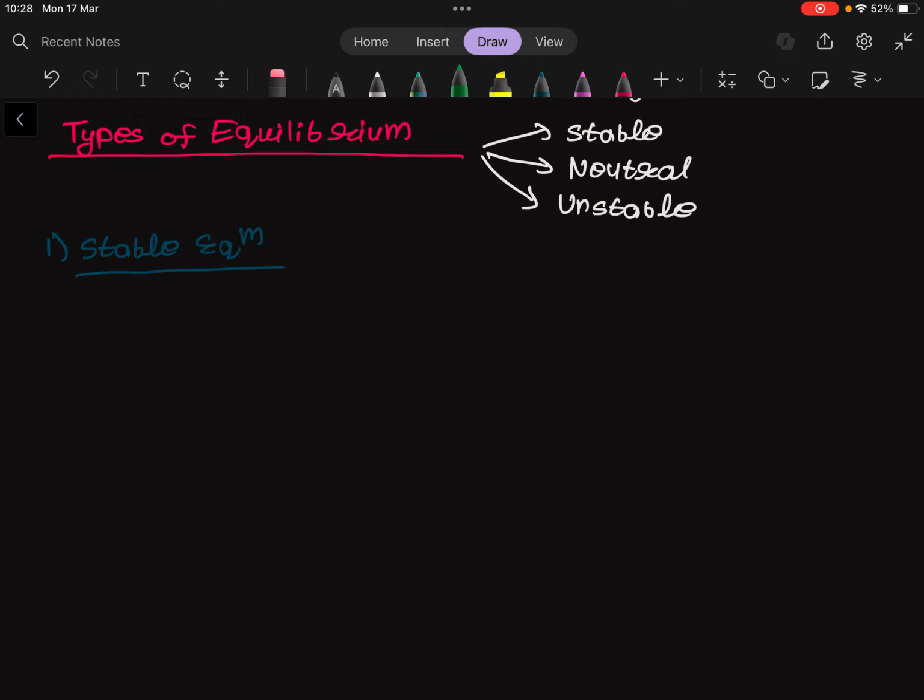So suppose we have something like this, and we have a ball here. So a column is said to be in stable equilibrium when restoring moment is greater than the overturning moment. So let me write it.